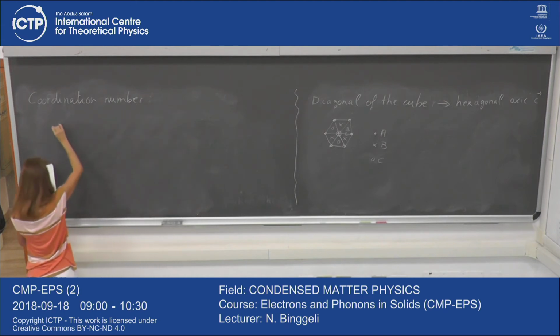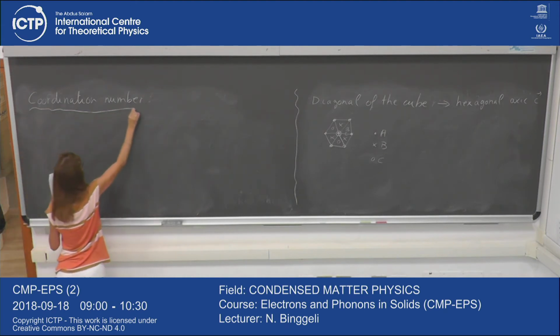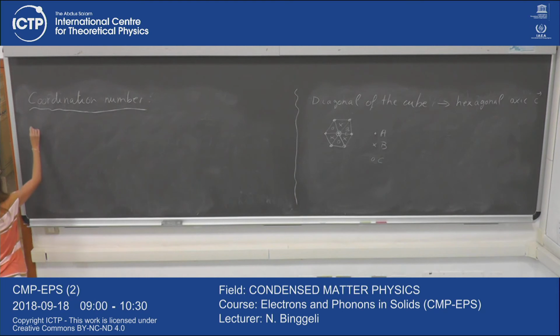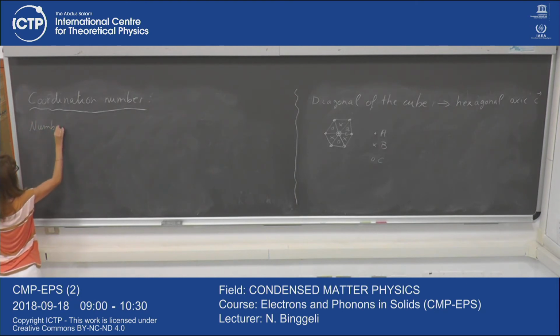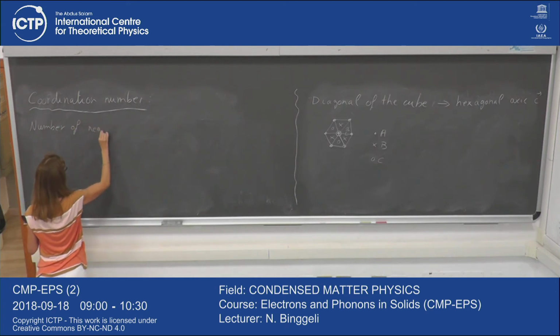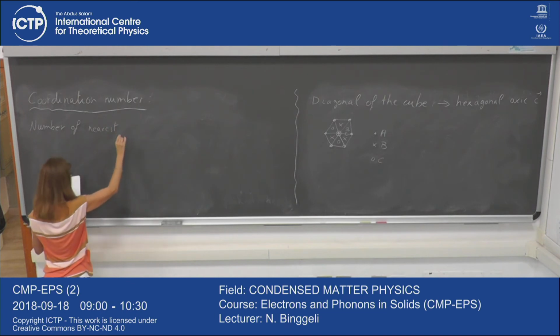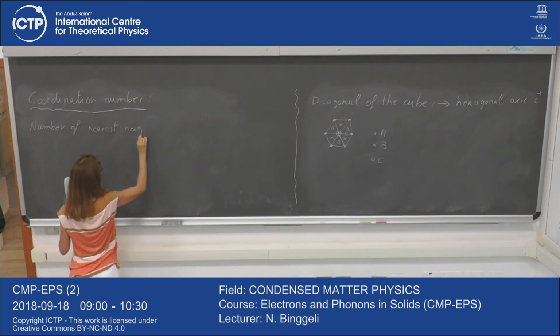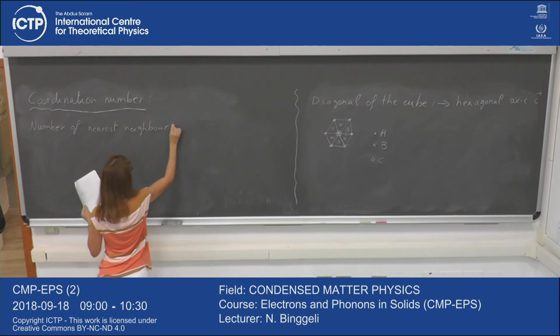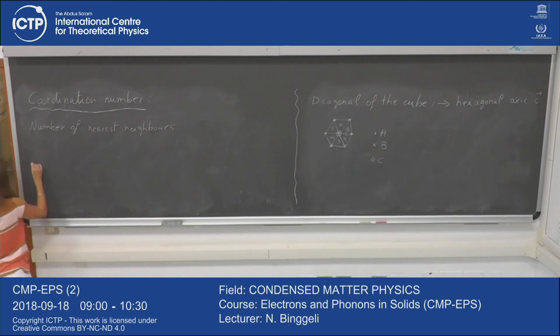So the coordination number of a lattice point in a Bravais lattice is the number of nearest neighbor points, or the number of nearest neighbors to a given lattice point.